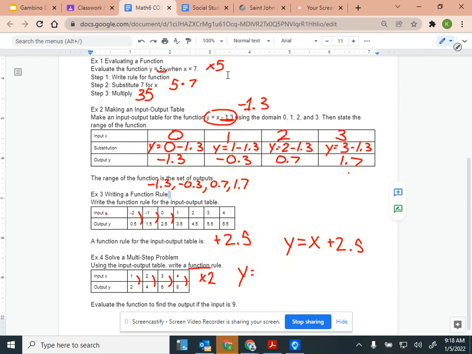We should put them right together. You are correct. We don't put it as x2. That looks kind of goofy. We always put the number first and the variable second. So 2x. 2x means multiplying by 2.